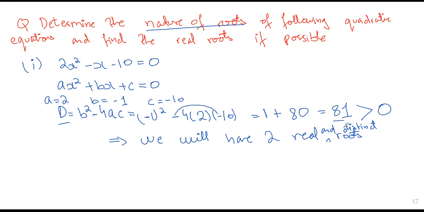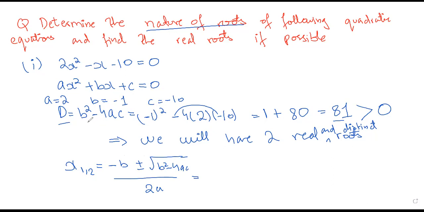So let's find the roots now. The formula is x1,2 is minus b plus minus under root b square minus 4ac divided by 2a. Either you can find it by factorizing it or directly using the quadratic formula.